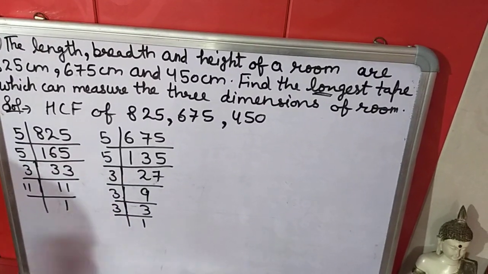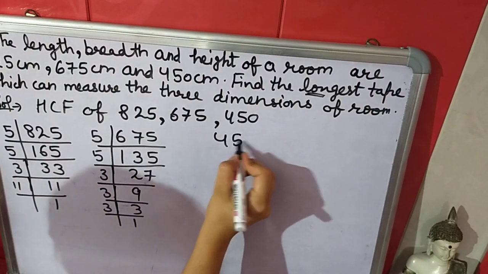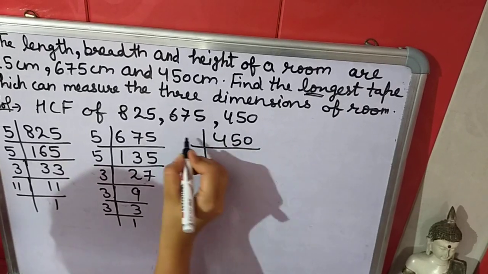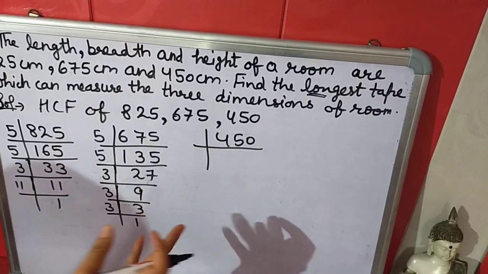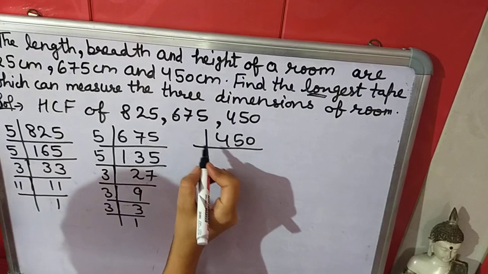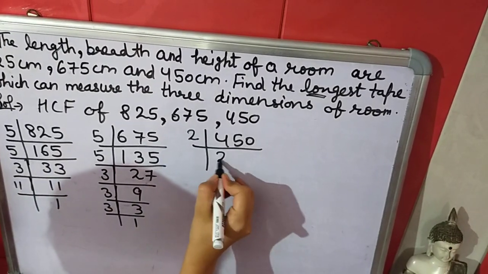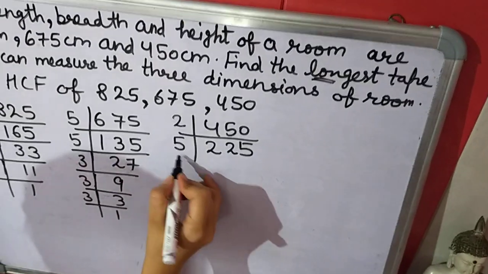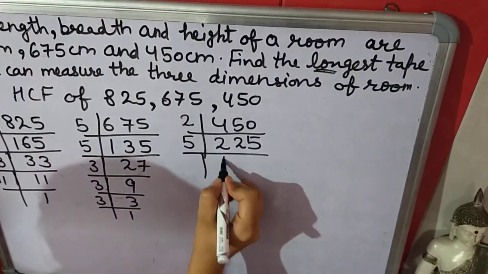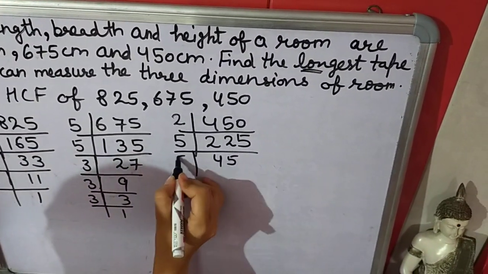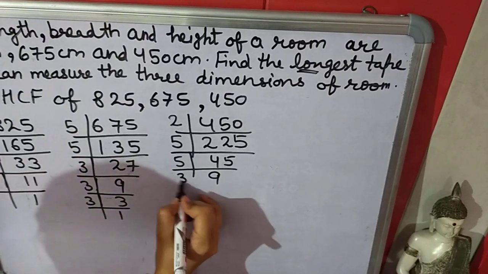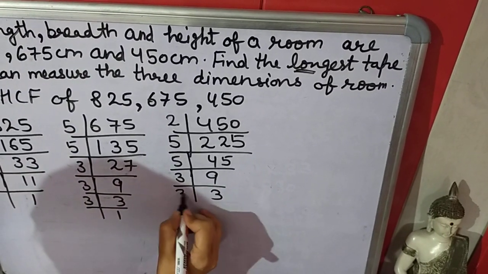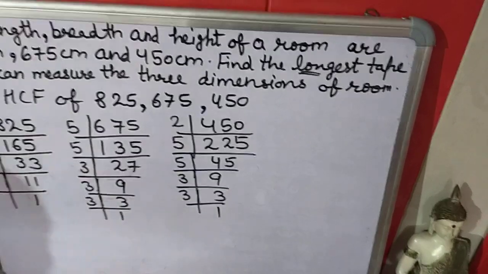3 ones are 3. Now 450, last digit is 0, so you can take 2 also, you can take 5 also. I am taking here 2. Now last is 5 on 5. Again 5. 3. 3 3s are 9. 3 1s are 3.